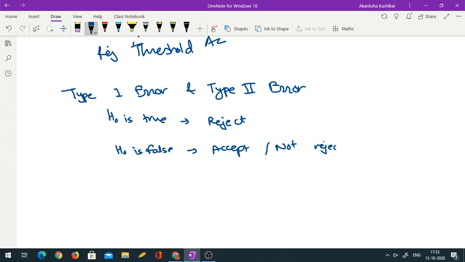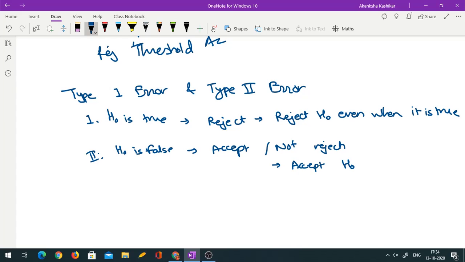Okay, so these are two types of errors. This is type 1 error, this is type 2 error. So type 1 error is rejecting H0 even when it is true. Okay, and type 2 error is accepting H0 even when it is false.